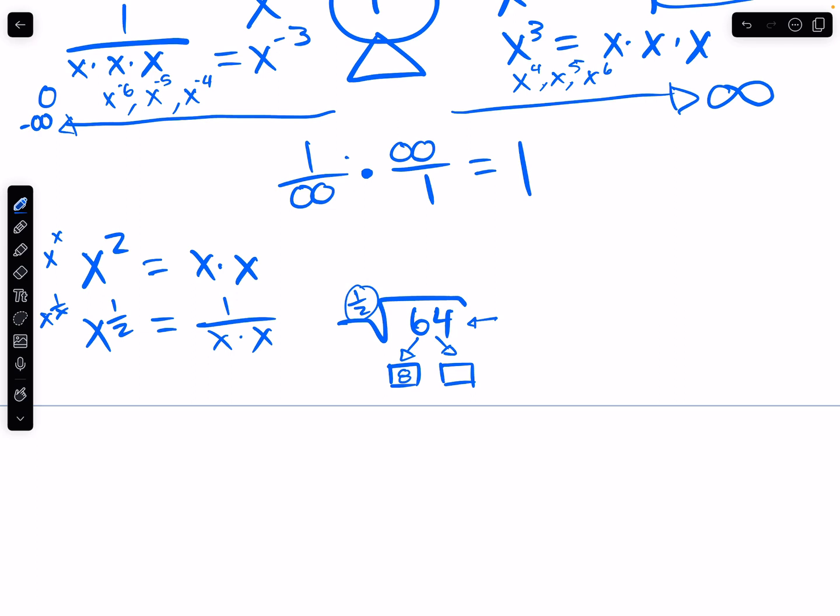And we all know for 64, the square root is 8. It's 8 times 8 equals 64. So 64 raised to the half exponent equals 8.